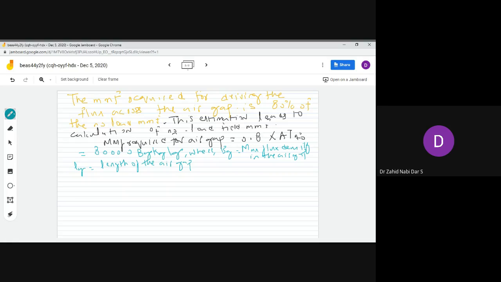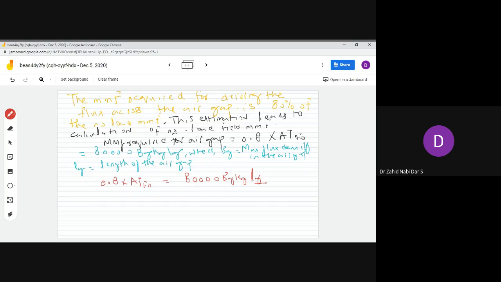So we just noticed that 0.8 into AT at full load is equal to 80,000 Bg Kg Lg. Now we want to calculate Lg.